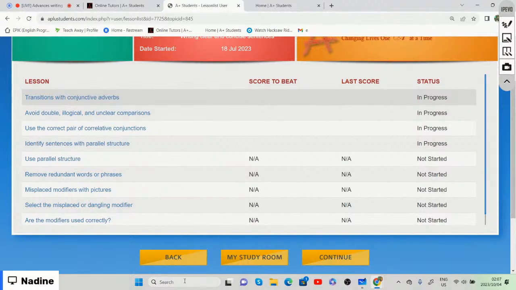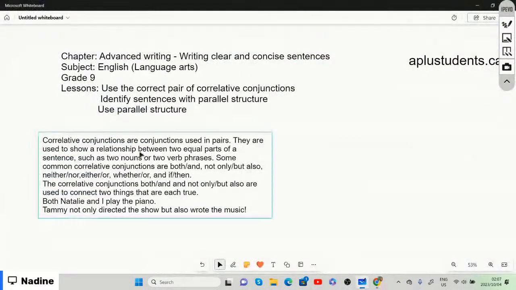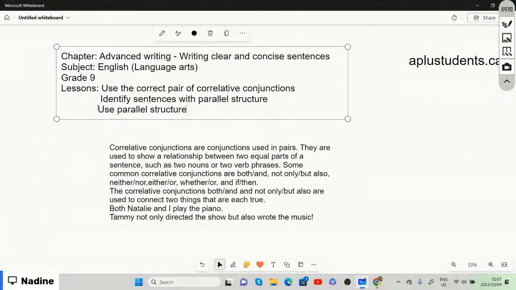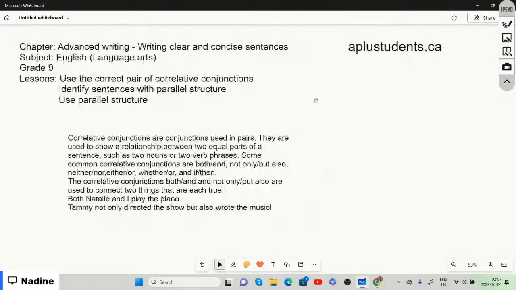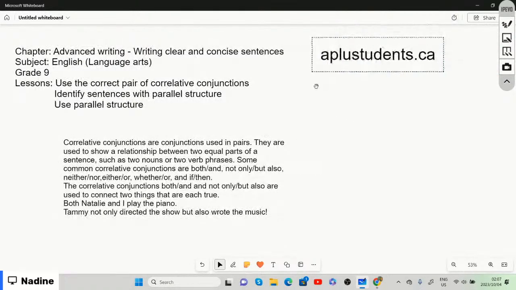All right, so before we go into our lessons, I literally read all of these already. And our tutorial lesson is on aplusstudents.ca.